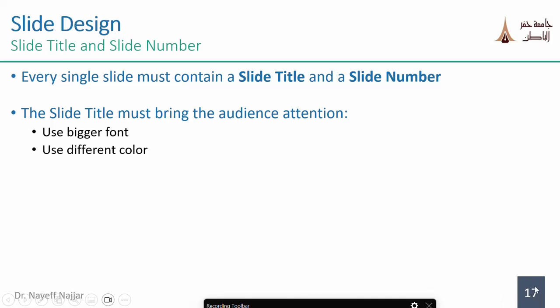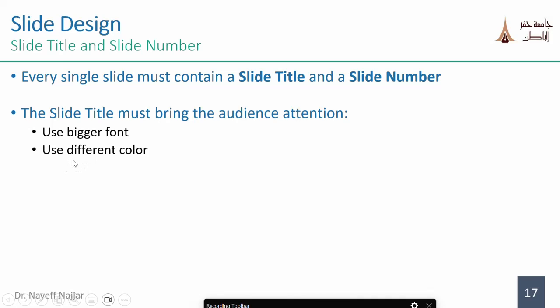So numbers and title are essential. Also, you should have the trademark for your company or university. This is very important. Bigger font is better. The bigger you go, the better your slide design.